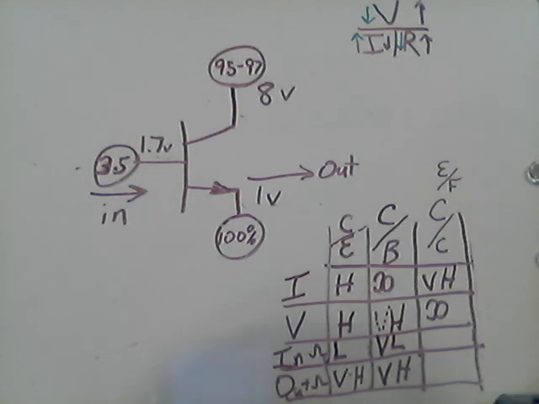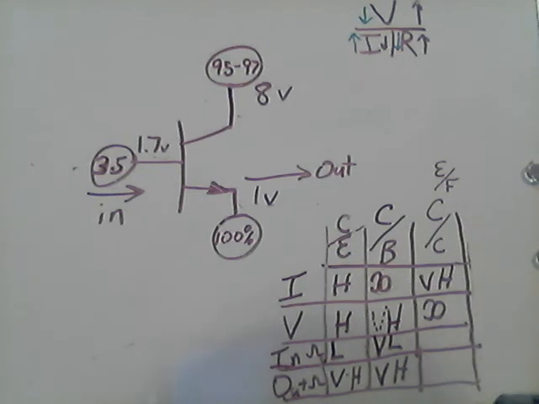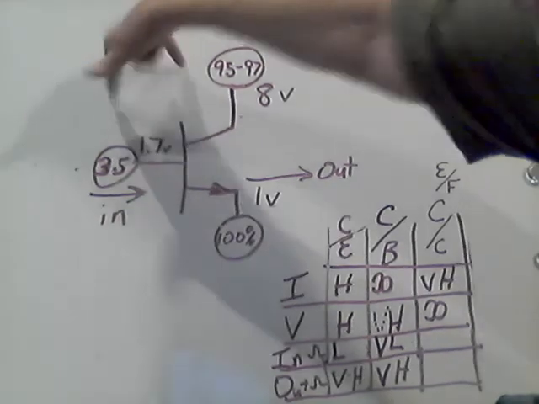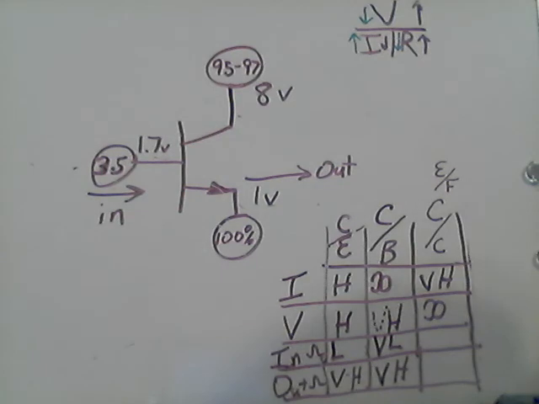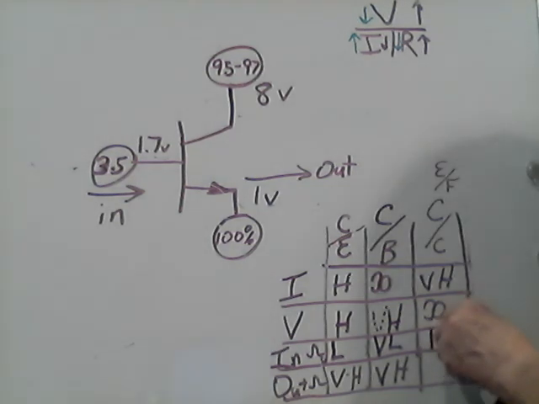Now, looking at the input resistance for this particular device, we've got part of this reverse bias junction here, so it's going to be kind of a high input resistance. I'm going to say around 20K to 100K. So this is going to be a high input resistance.